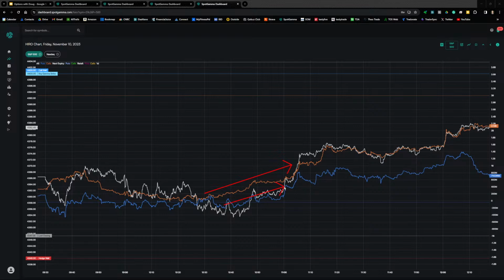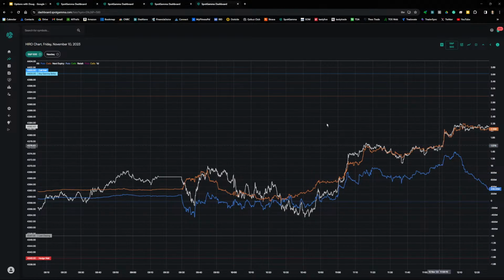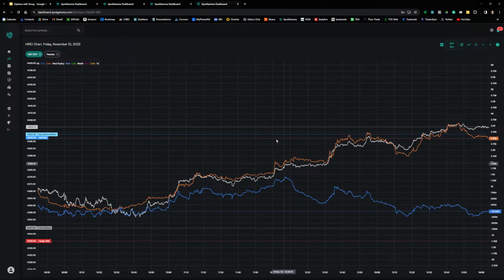Then just about 5 minutes after that, they stop buying puts and start selling puts. The orange line and blue line are moving in the same direction. That's a very powerful signal for Hero when both lines are moving in the same direction, and again a very strong indication of a move higher or lower.